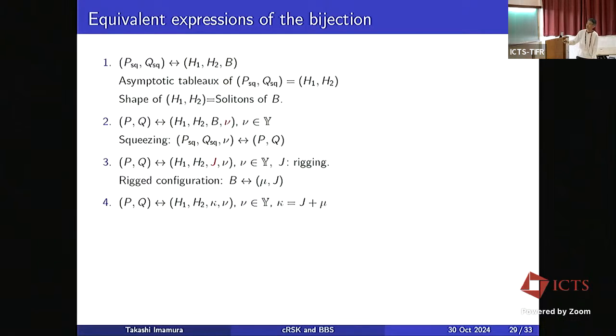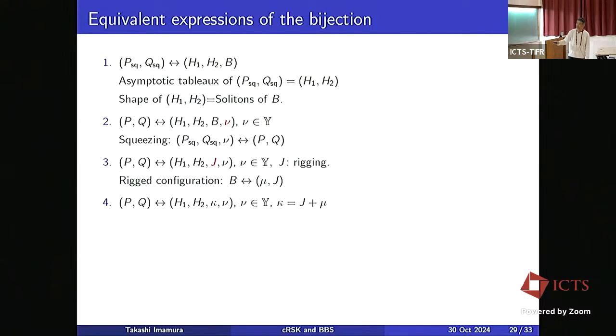The first one is a minimal one. As I said, any pair of the generalized tableau can be decomposed into a squeezed pair and a partition like this.